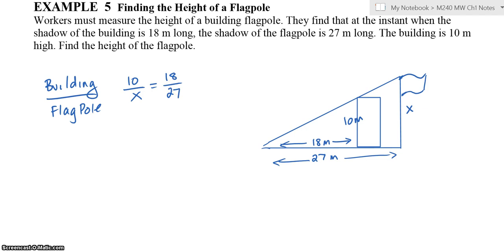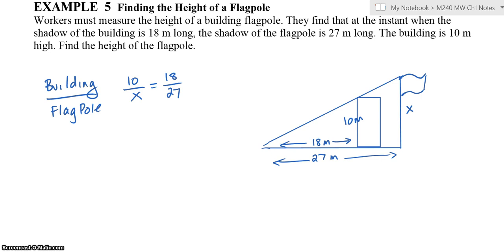You didn't have to choose this ratio. You could choose any ratio as long as you're careful to make them the corresponding sides. Notice how I did not make the 27 over 18 here. That wouldn't work. So if it's the building on top of the flagpole, the building, the shadow must be on the numerator as well, and vice versa. So you could have said flagpole to building.